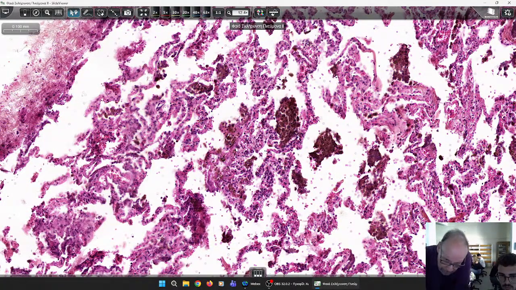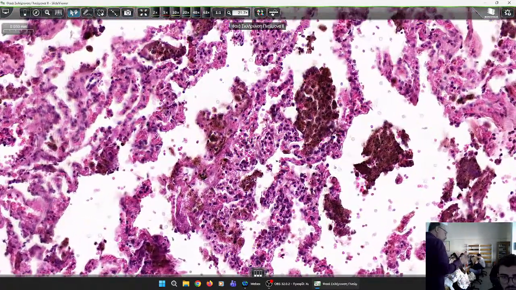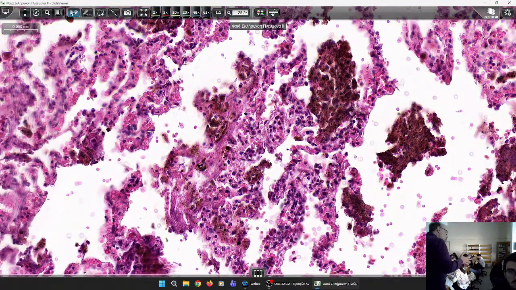And some thickening of the intraalveolar septa by fibrous tissue might lead to sclerosis due to circulatory dysfunction. Okay? Another type that may lead to sclerosis.